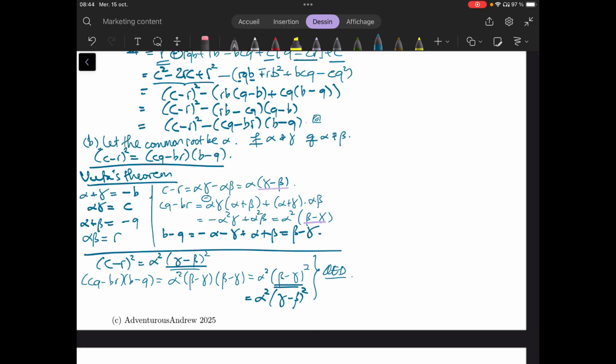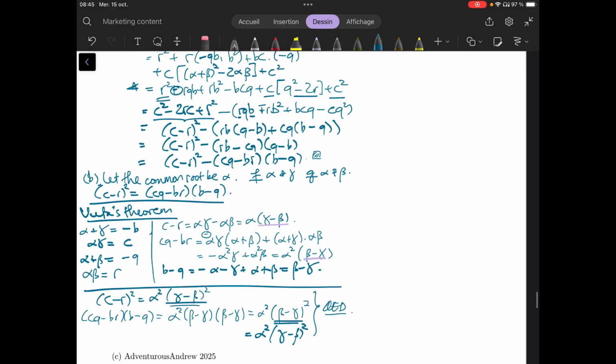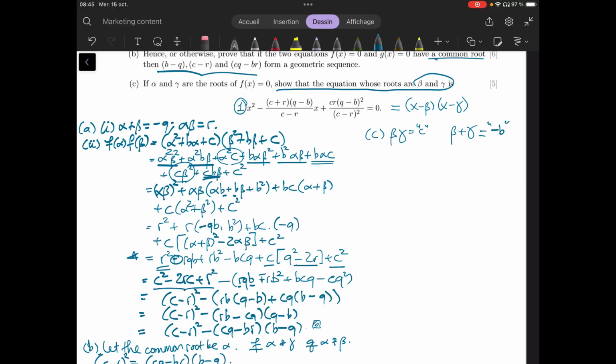How do we find beta gamma? The easiest way I can think of is doing something similar to what they have here. So we are kind of cheating the system here, right?